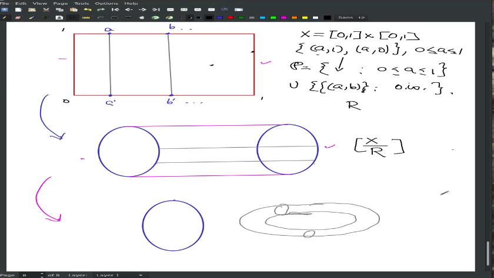So it is again X by R. Obviously we have to make some symbols to make it easy. So how do you get hold of a torus? You can get it from this unit square by giving two equivalence relations.